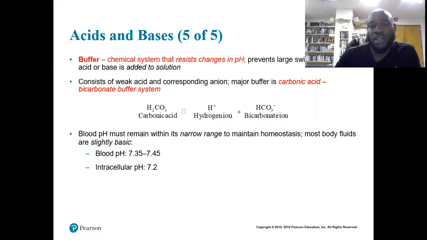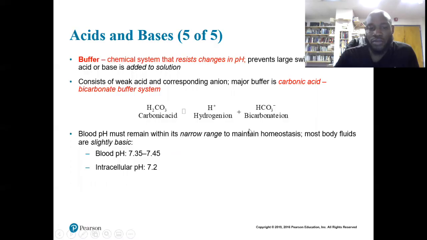There are multiple buffers in the body, but one buffer we have is the carbonic acid buffer. Carbonic acid, which should be a double arrow, can go to a hydrogen ion and a bicarbonate ion. This has a positive charge, this has a negative charge.